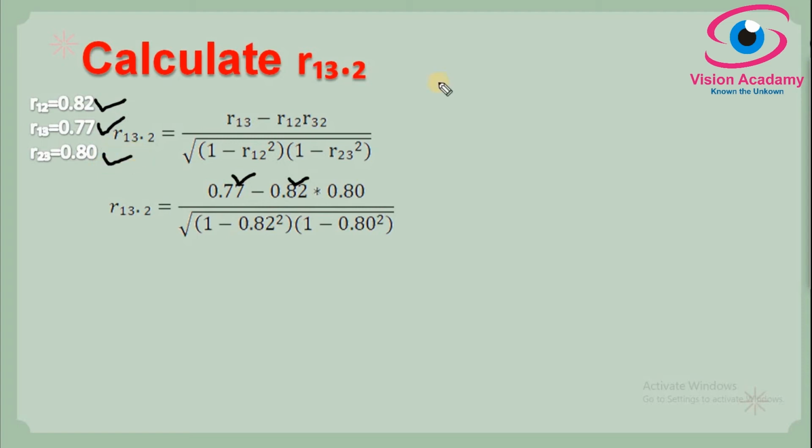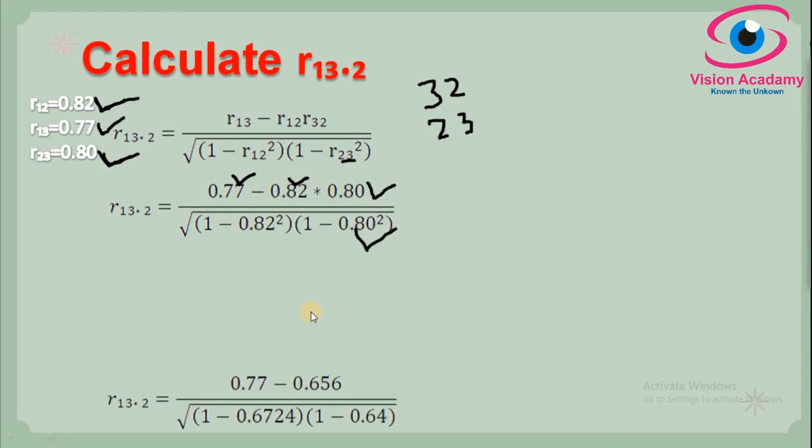So we have used R32, and we can use this interchangeably, 2, 3. We have used variables interchangeably, and it does not matter. So that is 0.80. In the denominator R12 squared is 0.82 squared, and R23 is 0.80, so 0.80 squared, and I will simplify this now.